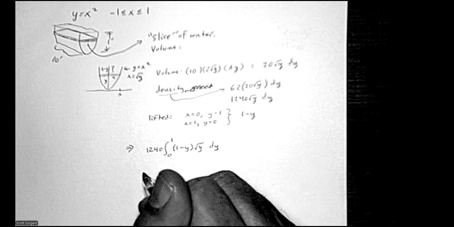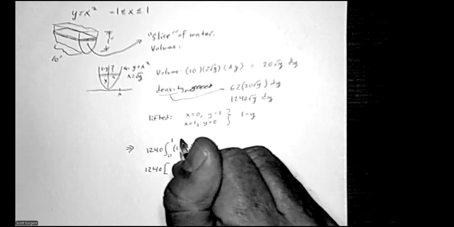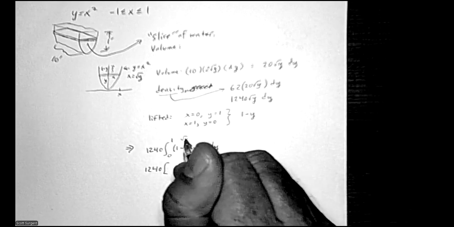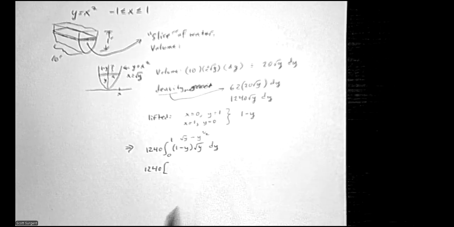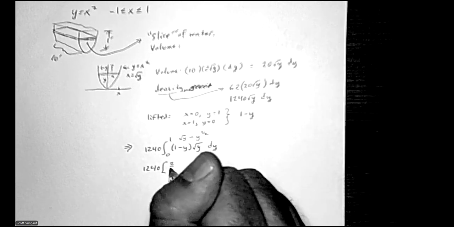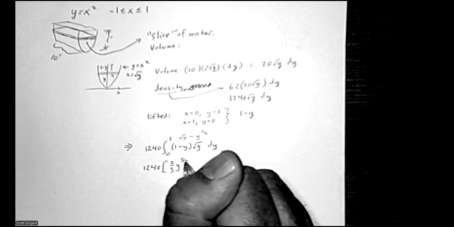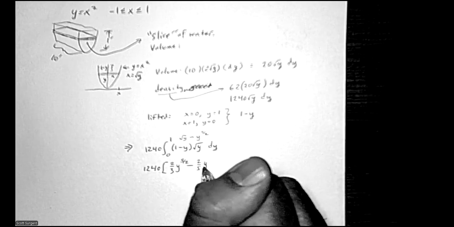Let's go ahead and integrate it. First of all, let's distribute. It'll be rad y minus y to the 3 halves. So we get 2/3 y to the 3 halves minus 2/5 y to the 5 halves.